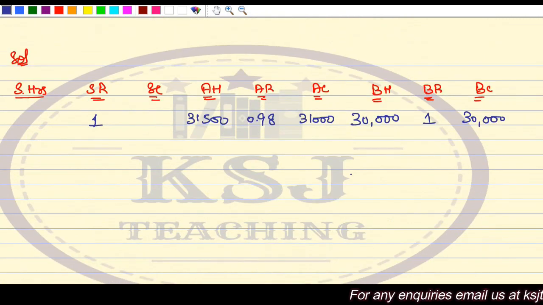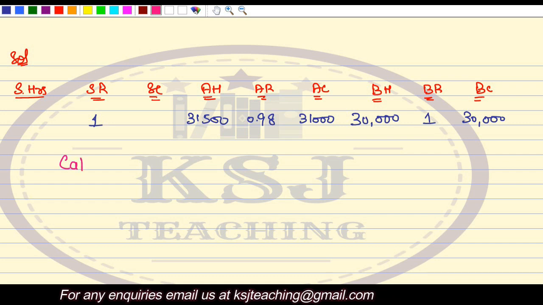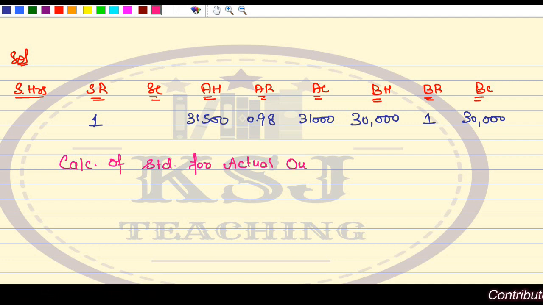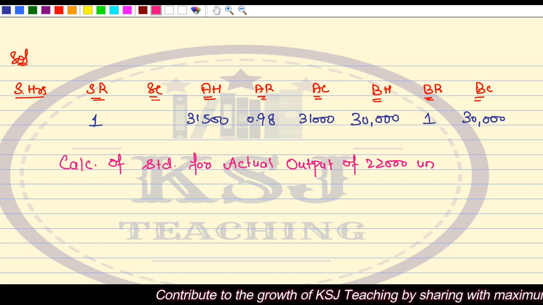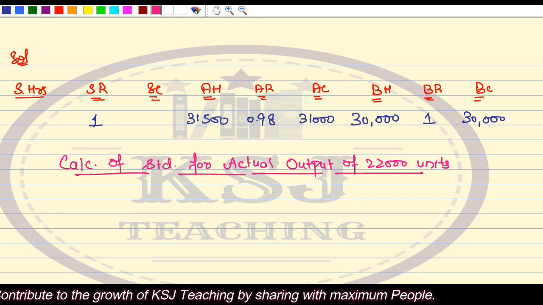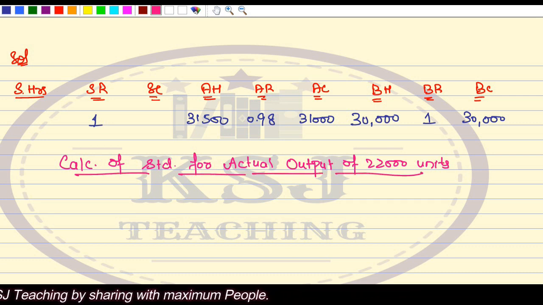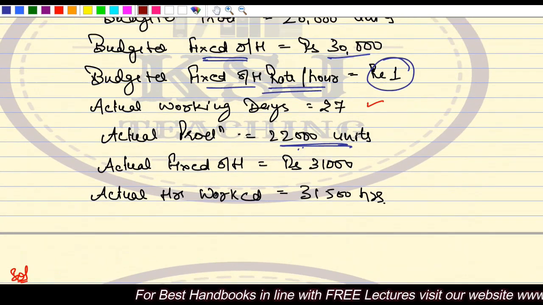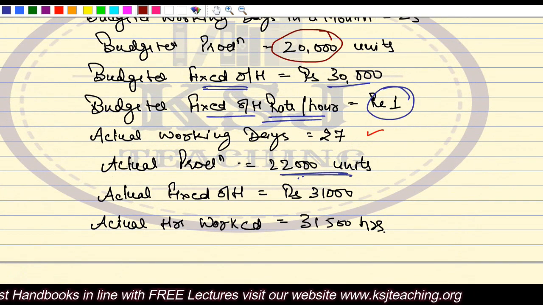This is the only point in this question. Listen to it very carefully. Calculation of standard hours for actual output of 22,000 units. Right? We need to calculate the standards for the actual output of 22,000 units. Sir, what is the standard hours for standard output? 30,000 is the standard hours for the standard output that is given, 20,000 units.